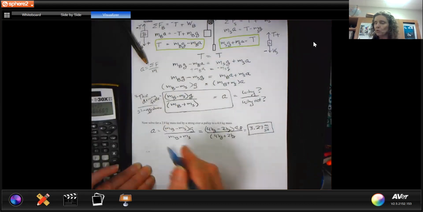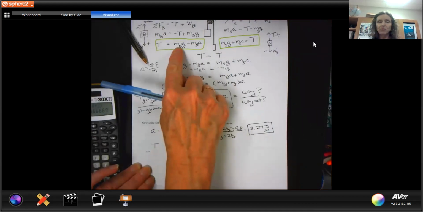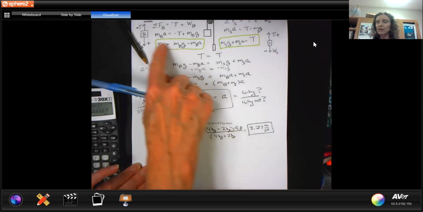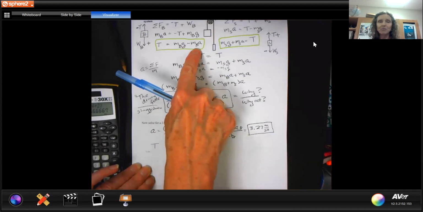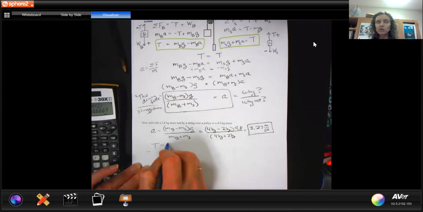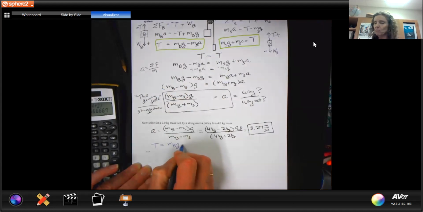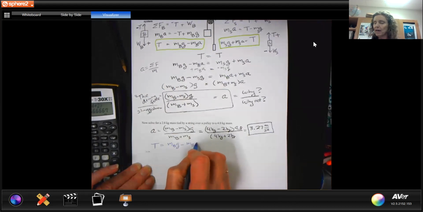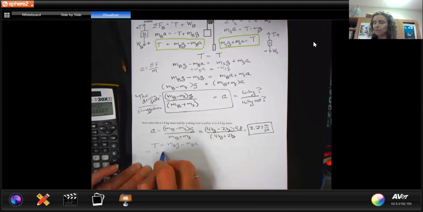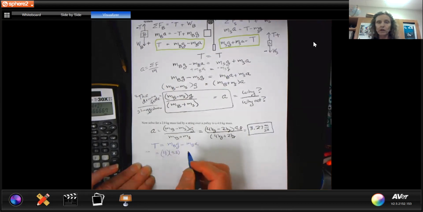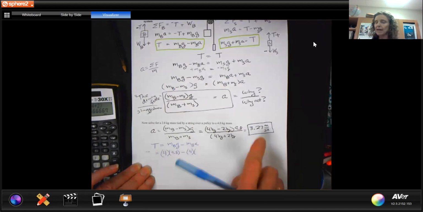So let's try that tension equation up there. It says mass big G minus mass small A, so tension equals mass big G times g minus mass big G times a, which will look like 4 kilograms times 9.8 meters per second squared minus 4 kilograms times that number.